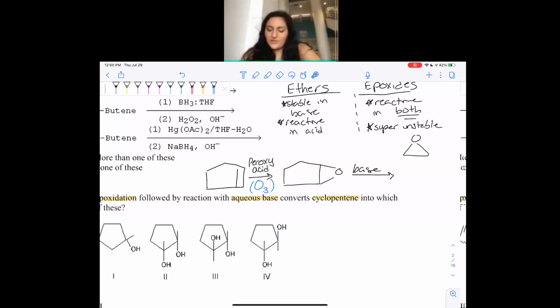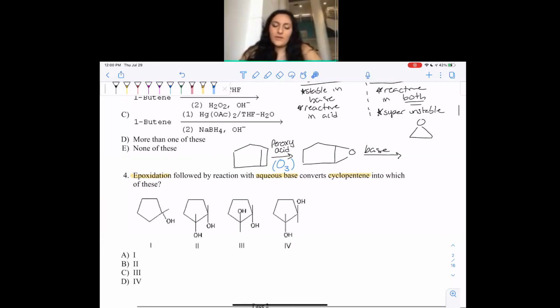Once we break this apart with base, you can assume we're using NaOH. So we know that OH is going to attack one of the sides and break the epoxide open.